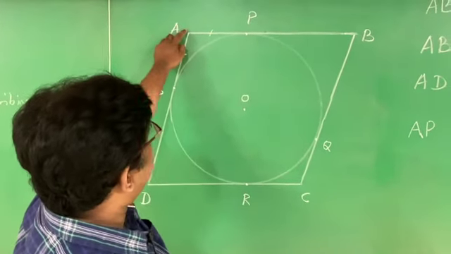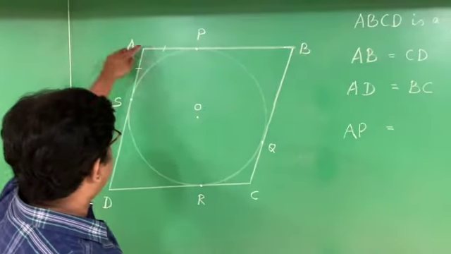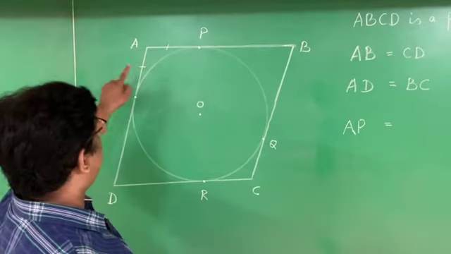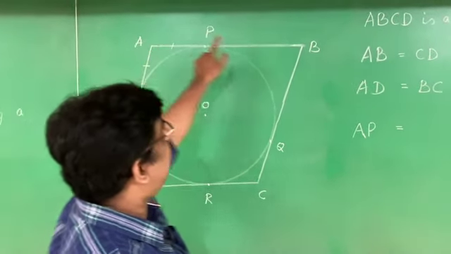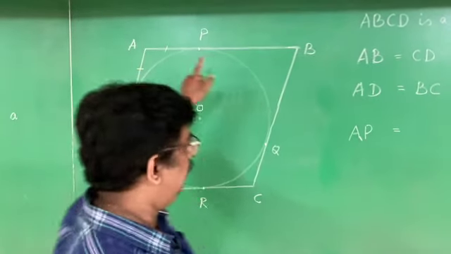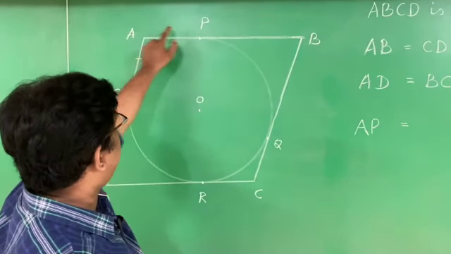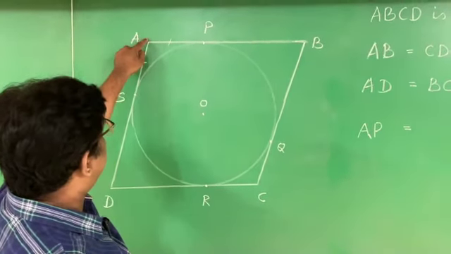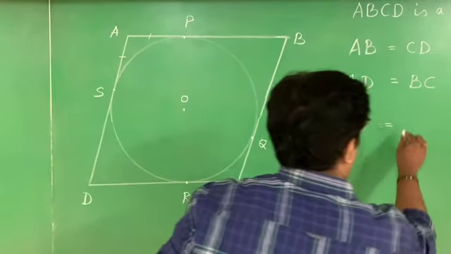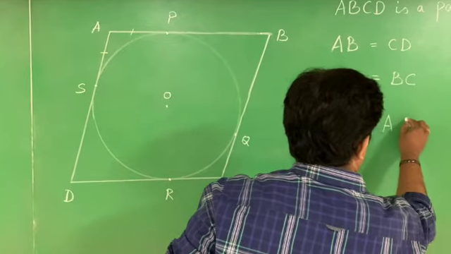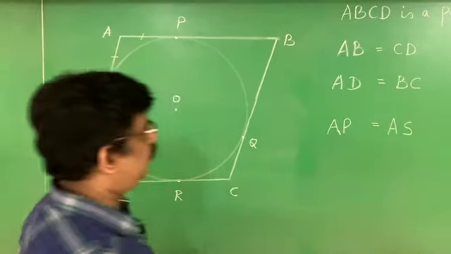From the external point, tangents are drawn, AP and AS. Therefore, AP is equal to AS. This AP I took from AB. That is the first thing: AP is equal to AS.